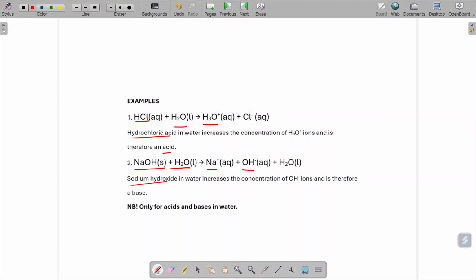And so because sodium hydroxide in water increases the concentration of hydroxide ions, this is a base. Remember that the Arrhenius model only applies to acids and bases dissolved in water.